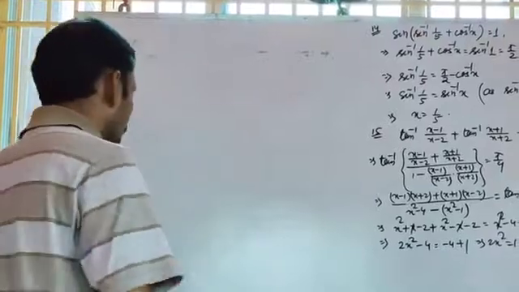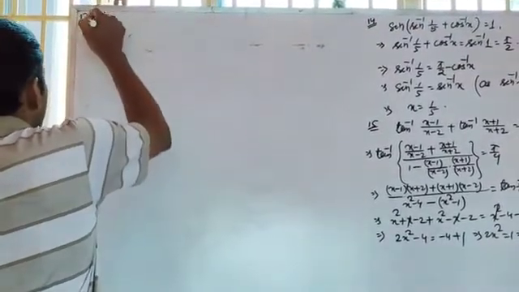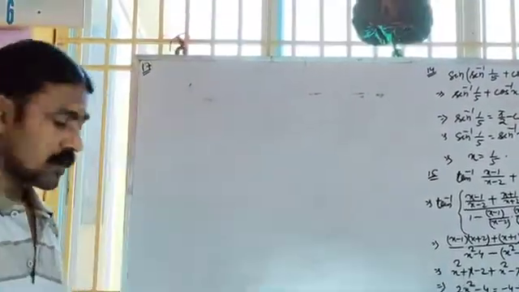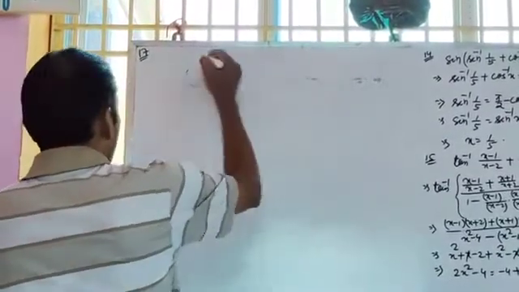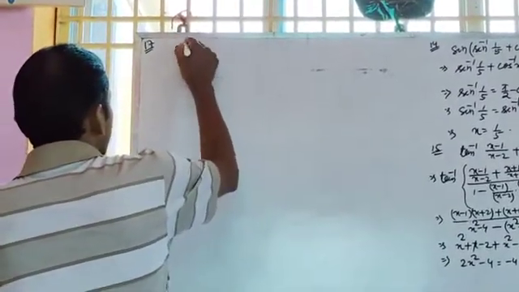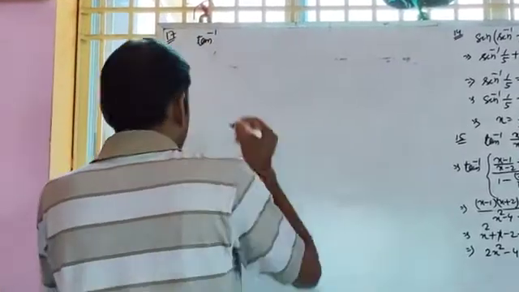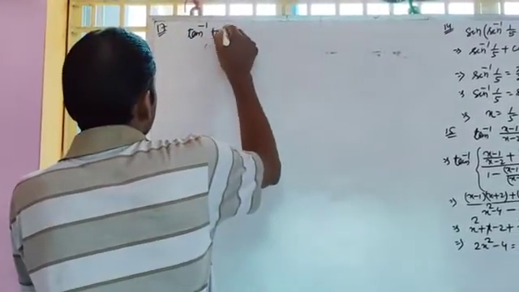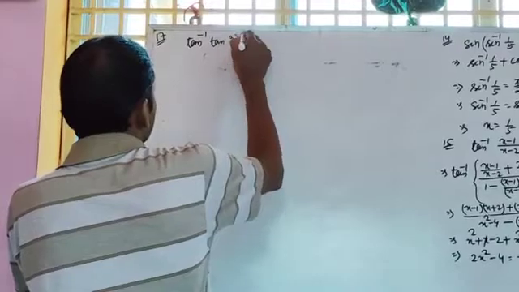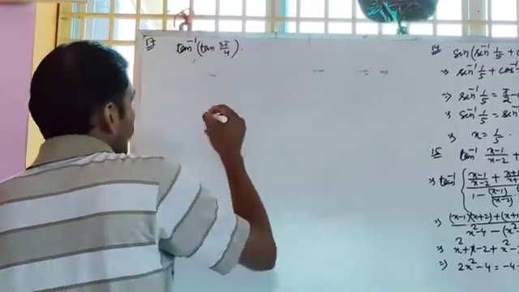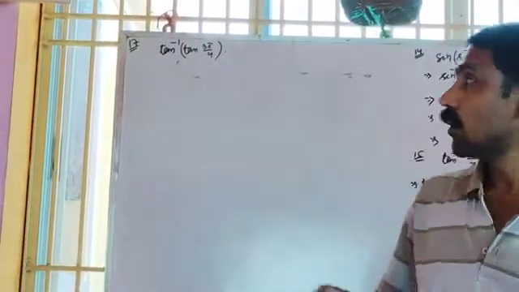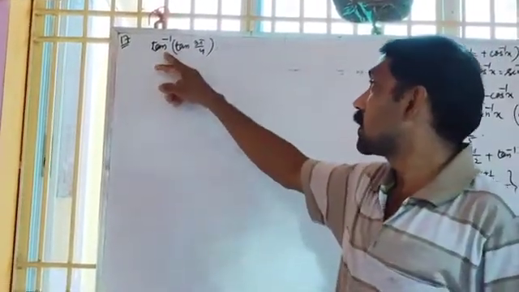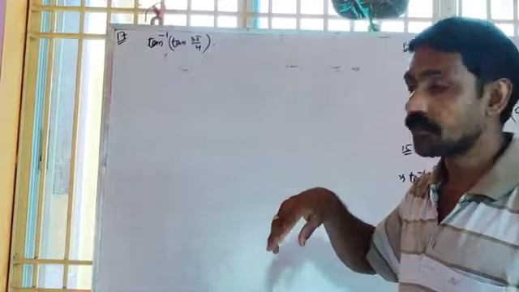Then question number 17. Here the question is: find the value of tan inverse tan 3 pi by 4. Okay. Now students, here it is in which form? It is in the form of tan inverse of tan x.